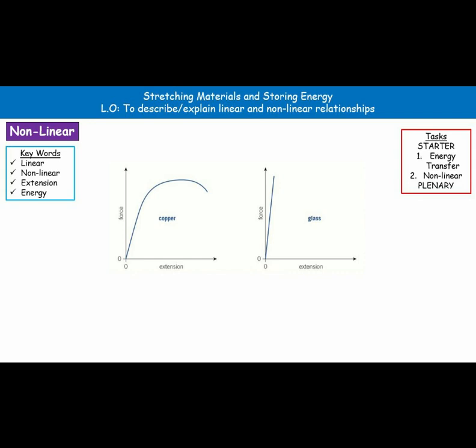So what we've got here then are two other relationships where we can see the graph between the extension and the force. So what I want you to do first of all is just take a couple of minutes to describe, so describe is to say what you see, so describe the shape of the graph for copper and the graph for glass.